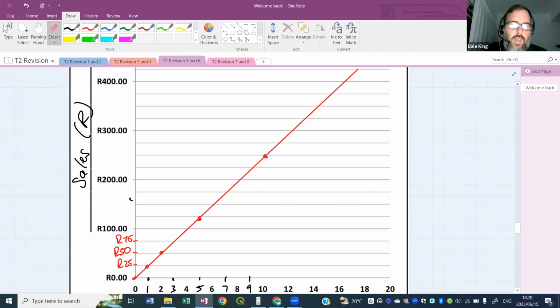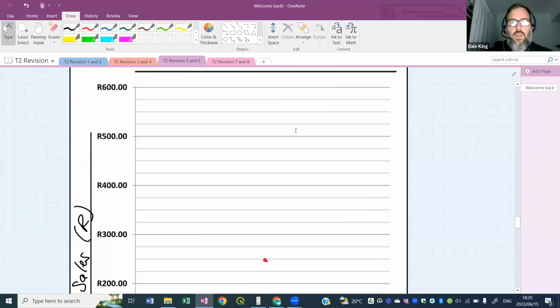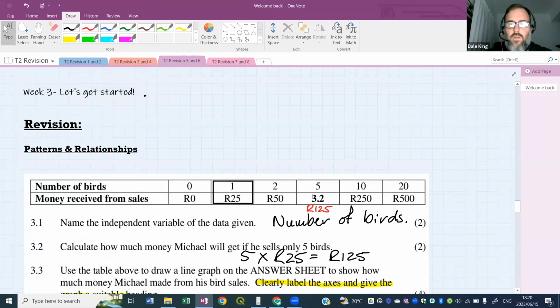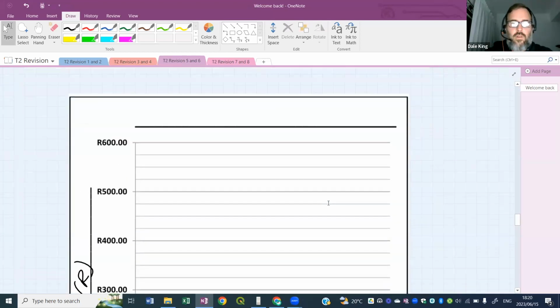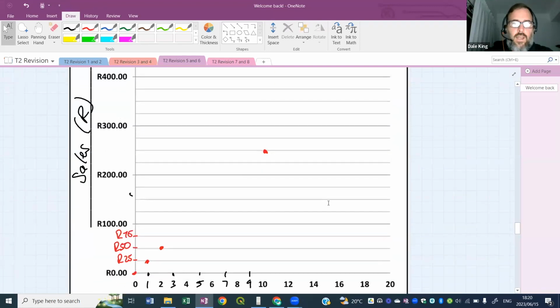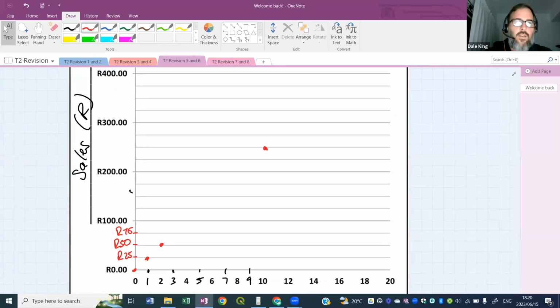Now, if you know that, then, ladies and gentlemen, I've just deleted the point that we calculated. If they ask you to fill in a value in this table, like we did for 3.2, when you do that calculation, you should see its value on this line. So I'm going to plot a new point here for 5.